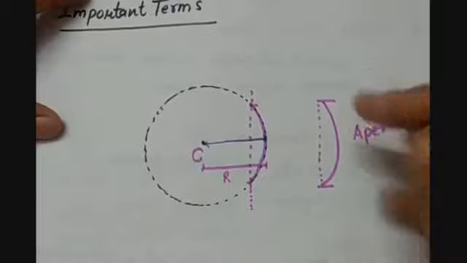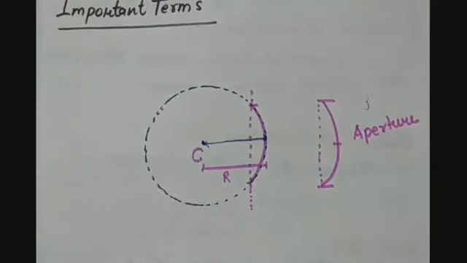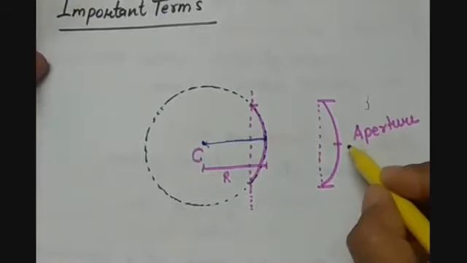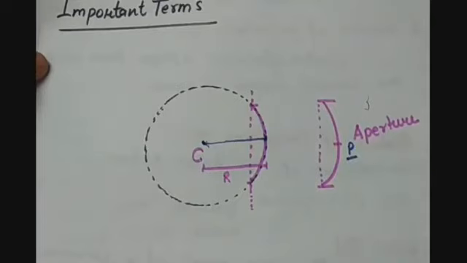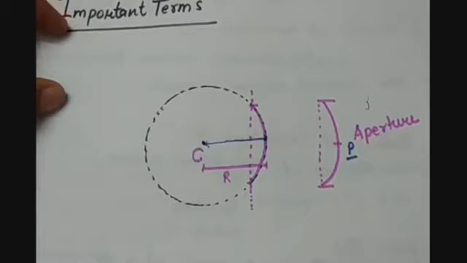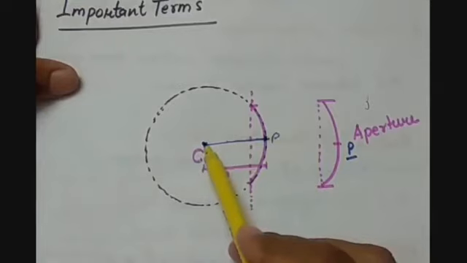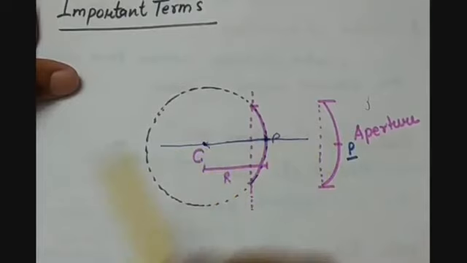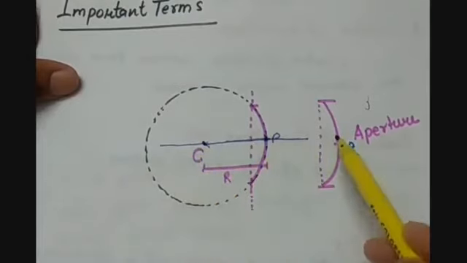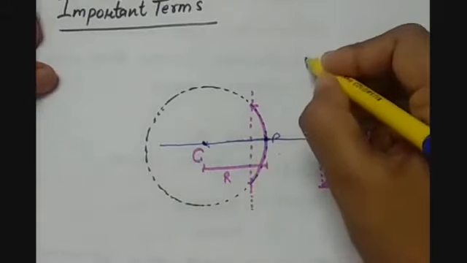If we divide the cut portion that we have taken from the spherical mirror into two halves, then the midpoint of the curved surface is called the pole, denoted by a capital letter P. Now if we join the P and center of curvature and we extend this line in both the directions, then this line passing through the center of curvature and the pole is our principal axis.